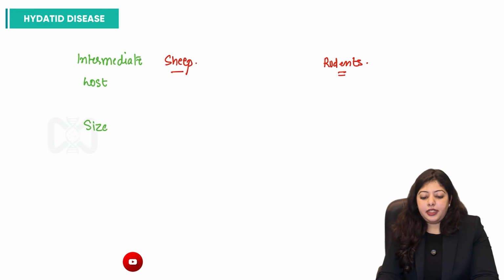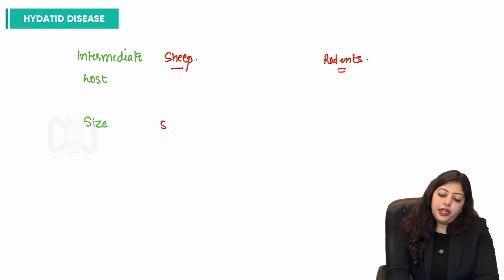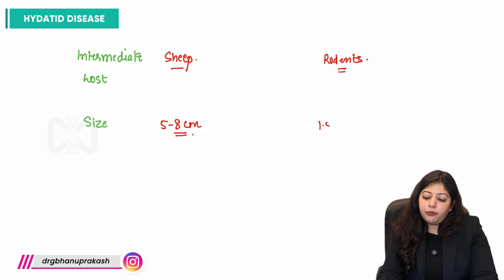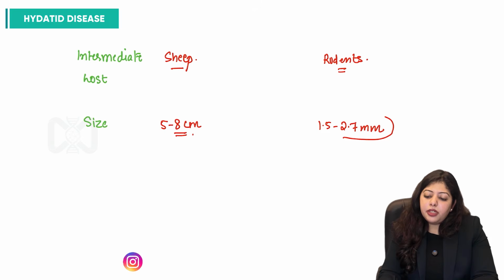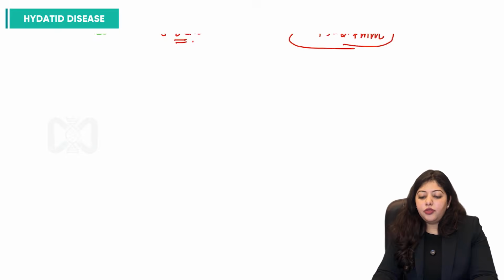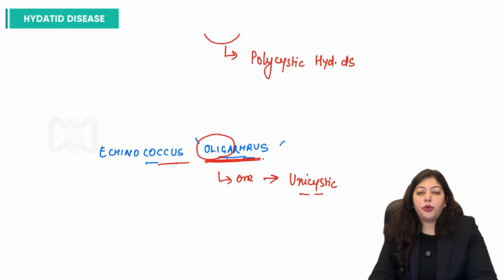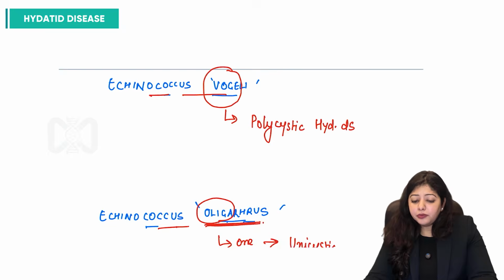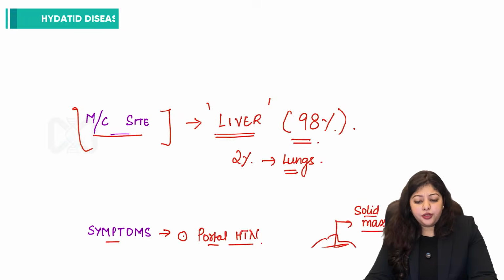Talking about the size, 5 to 8 centimeters is the average size for cystic, and the alveolar cysts are much smaller and can range from 1.5 to around 2.7 millimeters. So these are much smaller and these are solid with irregular margins. Right, so this was about the very high yield points from this particular parasitic infection.